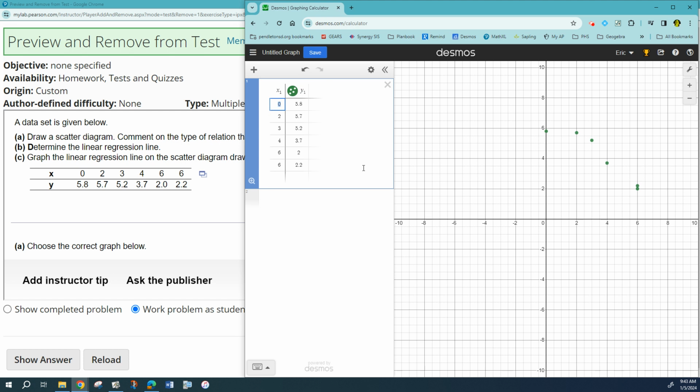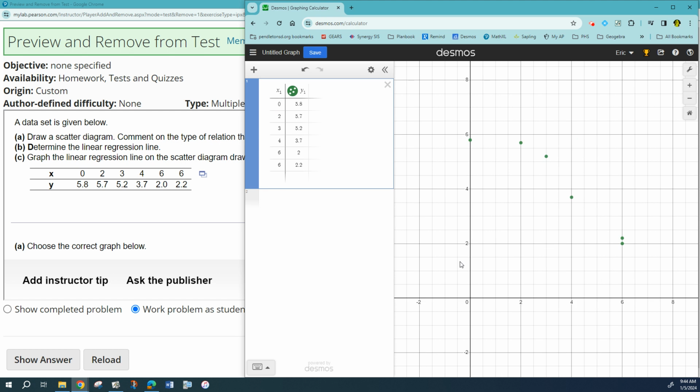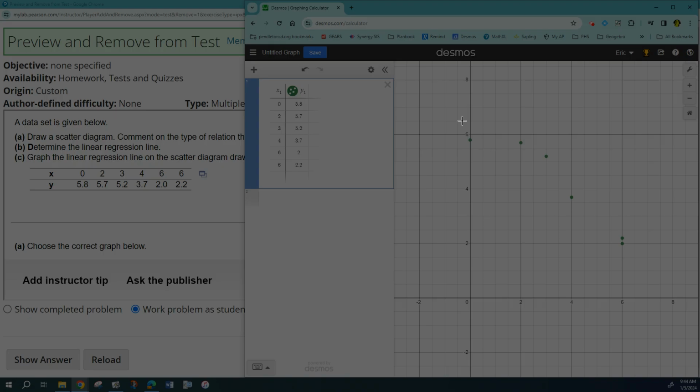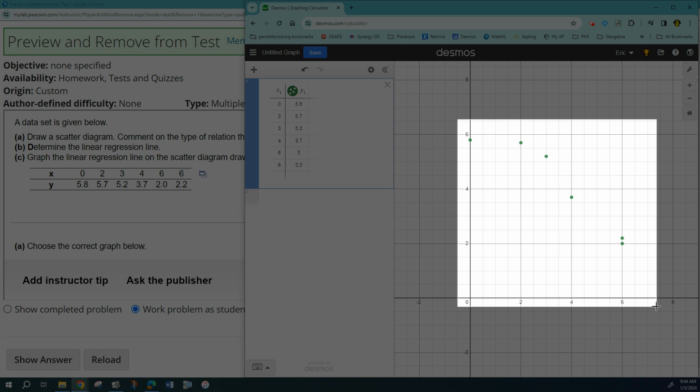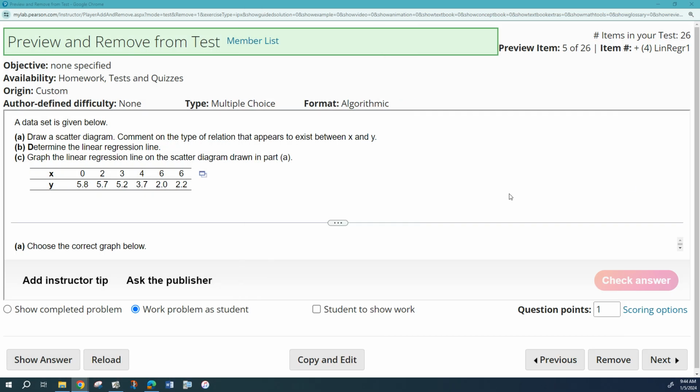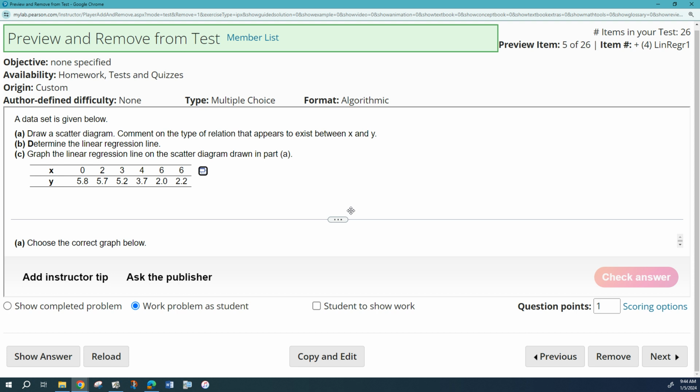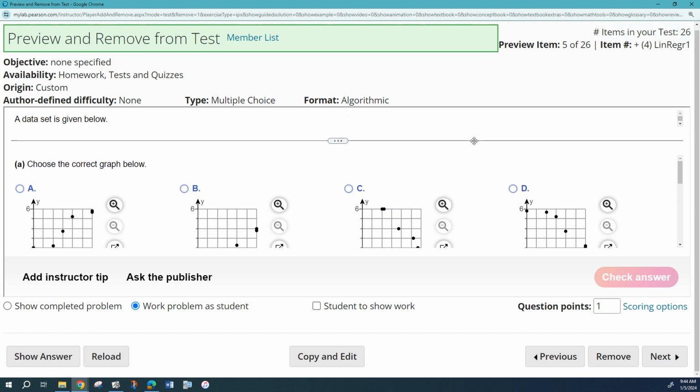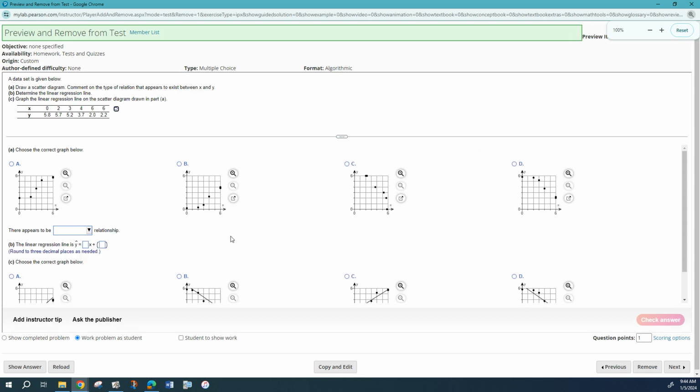Okay, look what it does. Not only does it do that, if you click the plus, the zoom fit, it even zooms in on the data. This makes it really simple to pick which is the correct graph, because it's that graph, right? Here, let me just take a picture of that. So you've got to pick which one of these is the right one. You can kind of see that's it right there, isn't it?